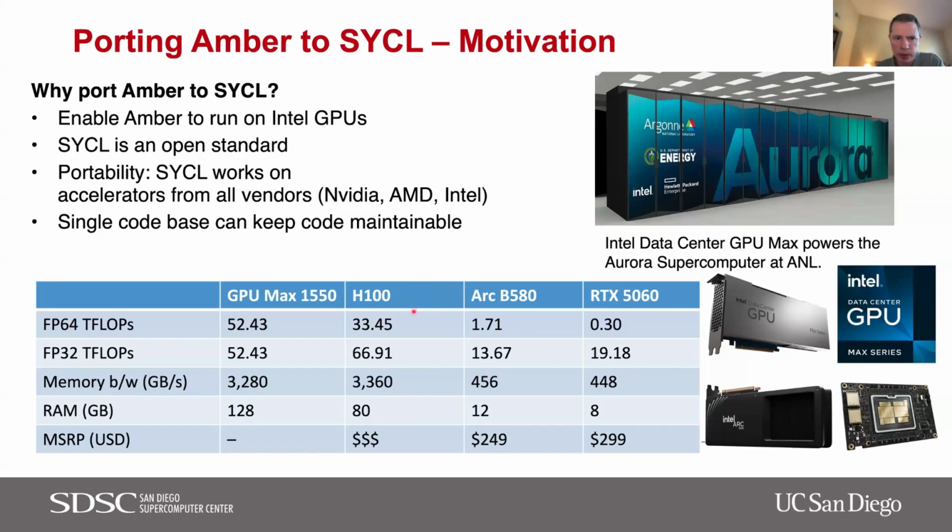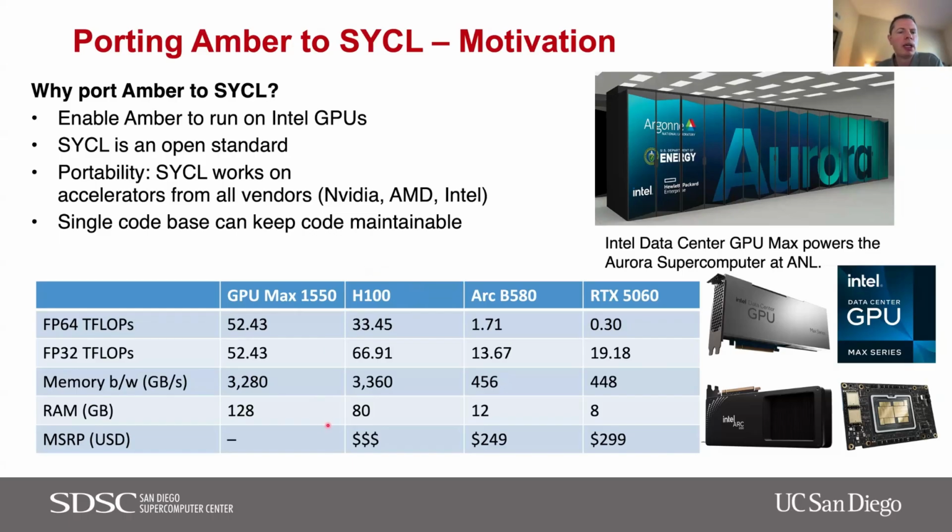But I'm going to show some data, and you can see, so the GPU Max 1550, those are the GPUs that are in this Aurora supercomputer at Argonne National Lab. There are also some at the Texas Advanced Computing Center. It's a pretty powerful GPU, as you can see. You can't buy these anymore, so Intel stopped producing these, and so it's not clear what they have up in the roadmap in the future.